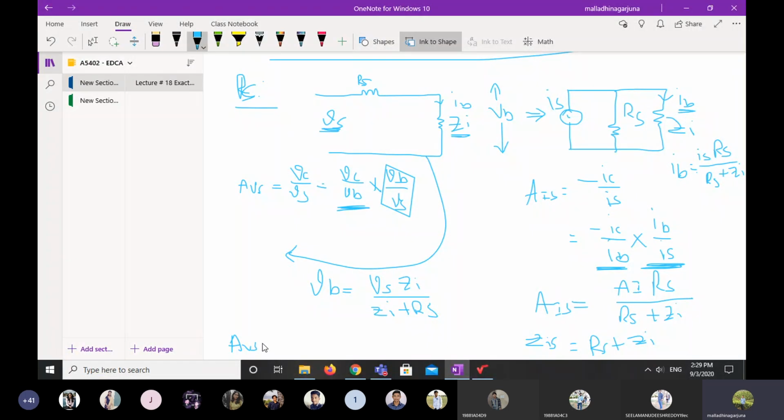AVS equal to AV into Zi divided by Zi plus Rs.